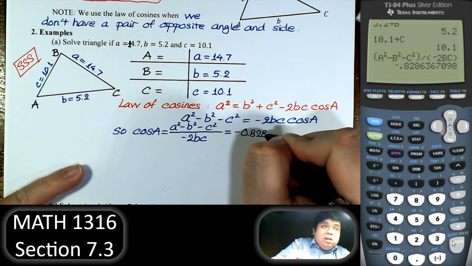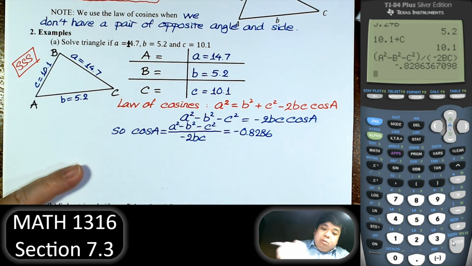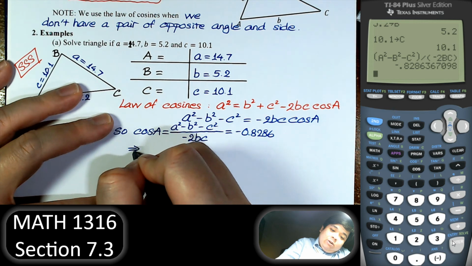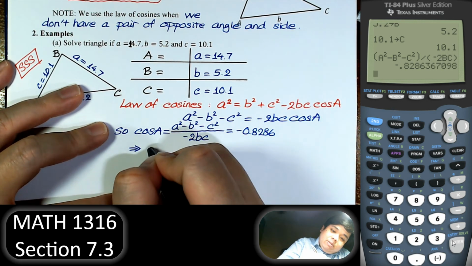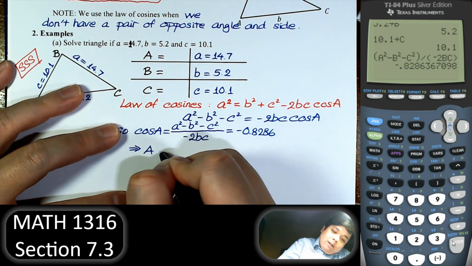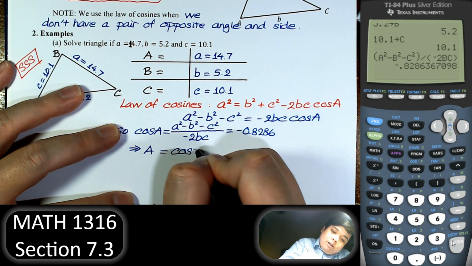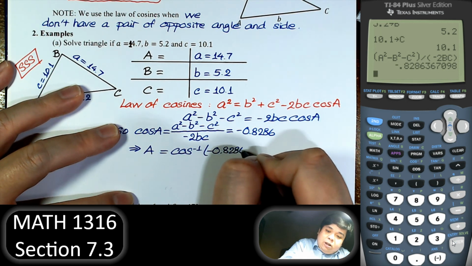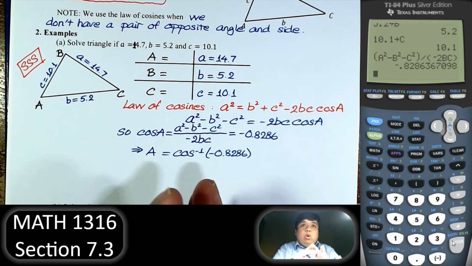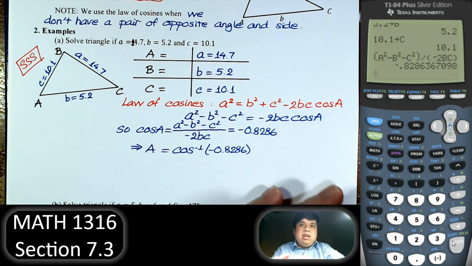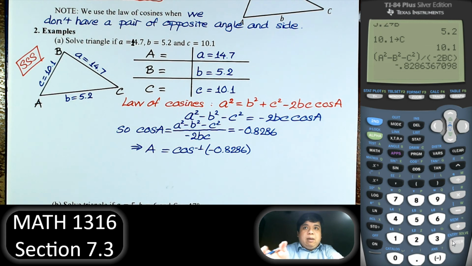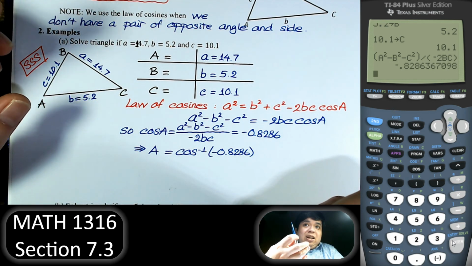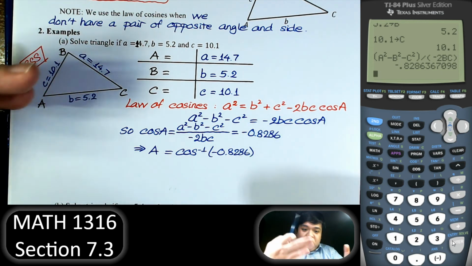To get back to the angle, we would use cosine inverse. Of course, in sine inverse we also have the supplement, and cosine has the opposite. But since this is a triangle, the measure of an angle cannot be negative, so that's all we have.